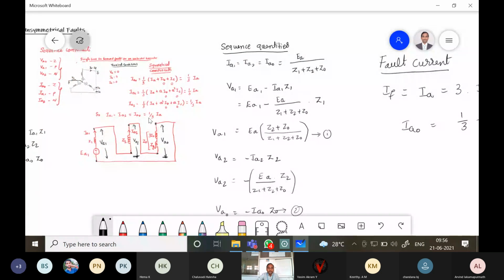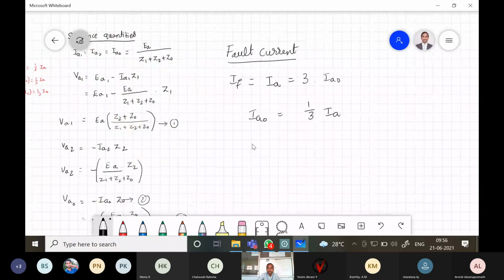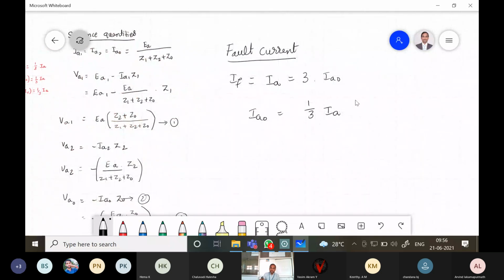Therefore IA can be written as 3 times IA0, right? So substitute the IA0 value here. That is equal to 3 times IA0, which is EA divided by Z1 plus Z2 plus Z0.